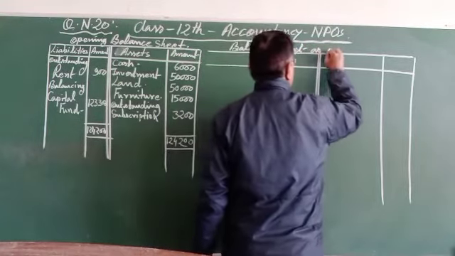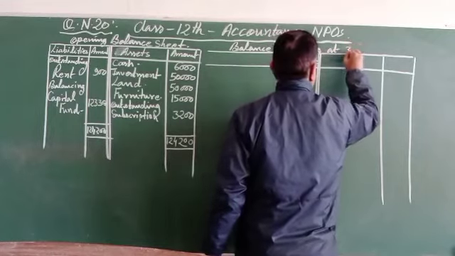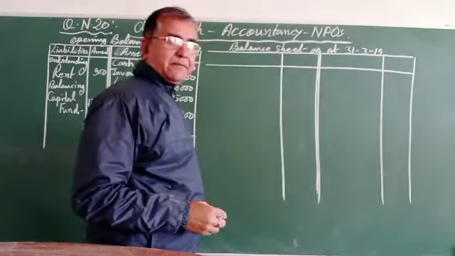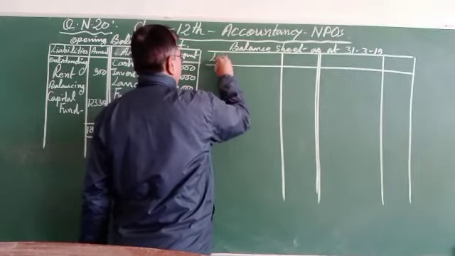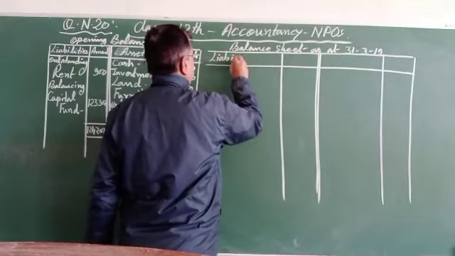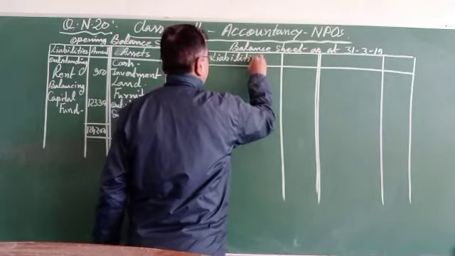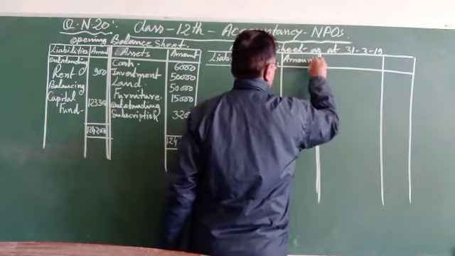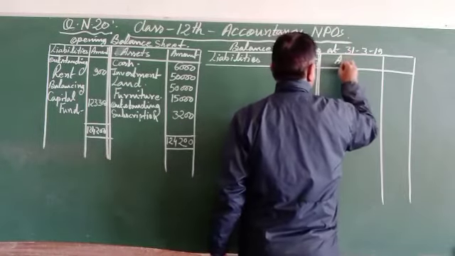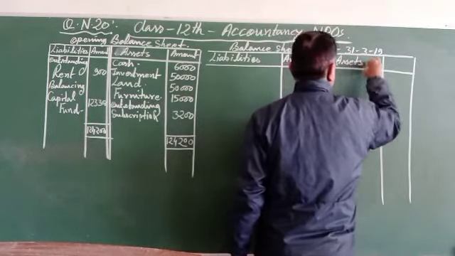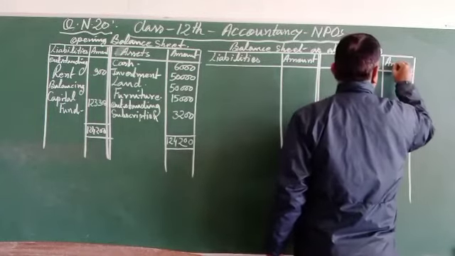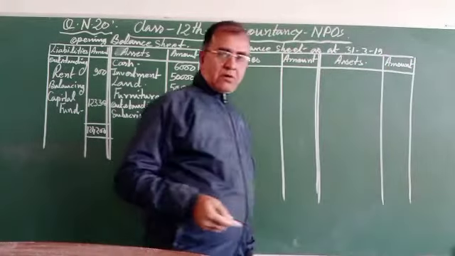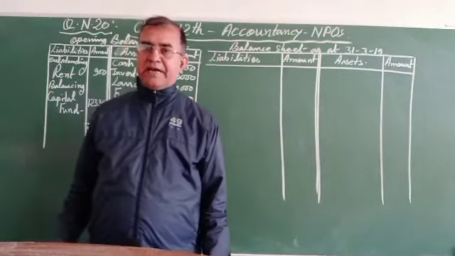See, this one is the column of liabilities, amount, assets, amount.